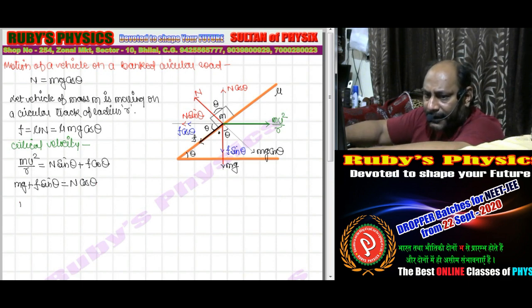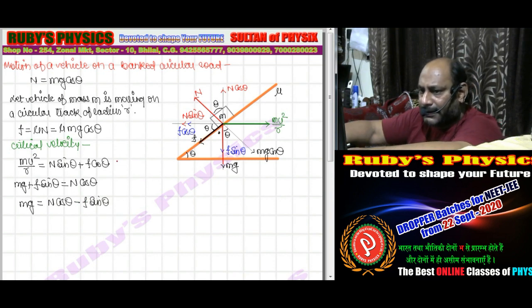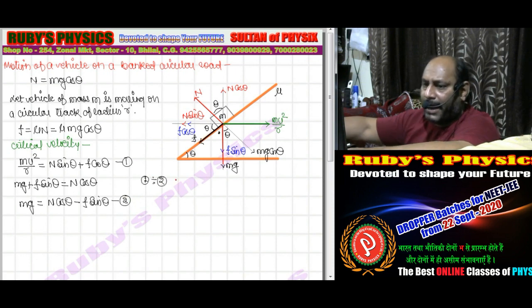If I transfer f sin theta, can I write it as N cos theta minus f sin theta? This is equation 1, this is equation 2, and simply we have to divide these two. I divide 1 by 2.